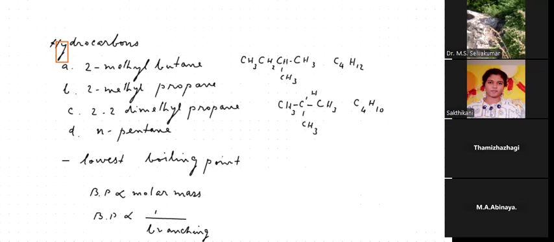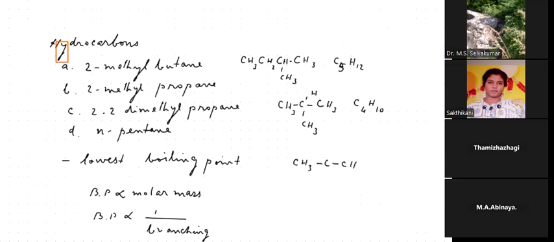In the next one, dimethyl propane, it is CH3, C, CH3.